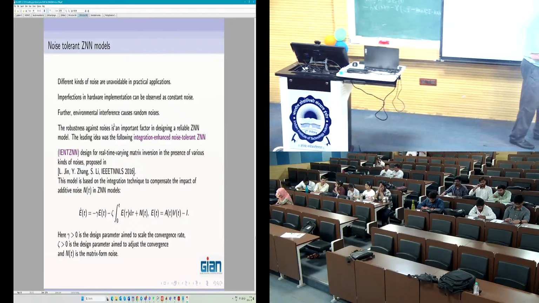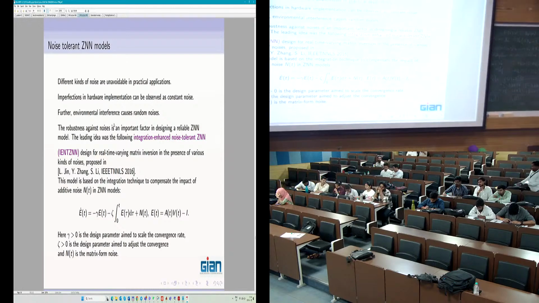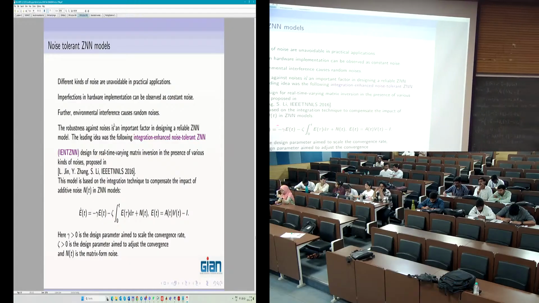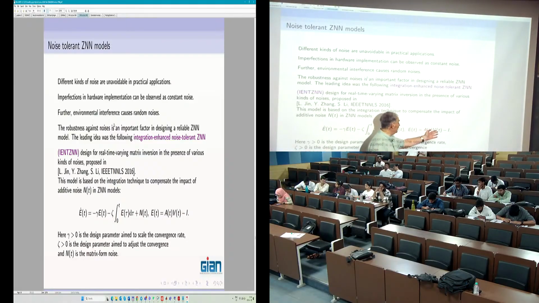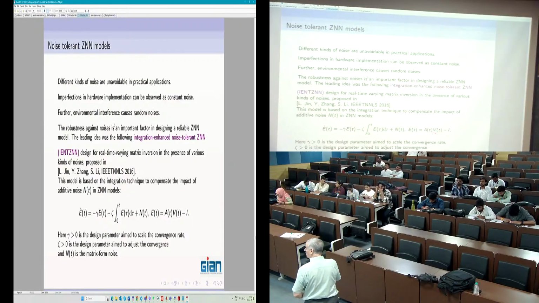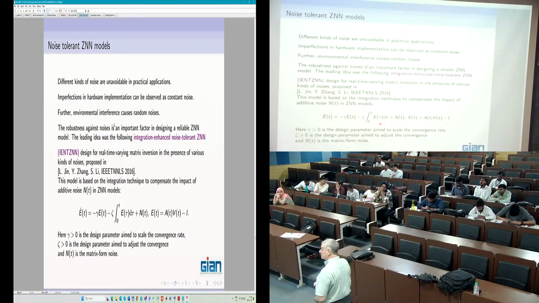But if we have noise, in our case additive noise, sometimes the original ZNN design will not show good behavior. Here the error function is defined as A of t, V of t minus I, aimed at computation of the matrix inverse, of course. New in this ZNN design is a term based on an integral.